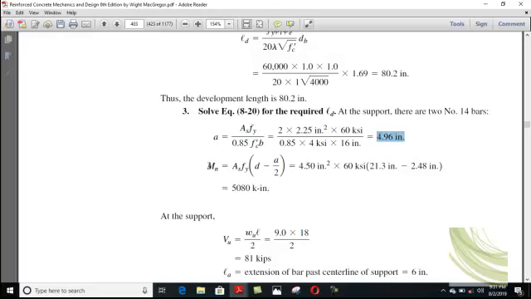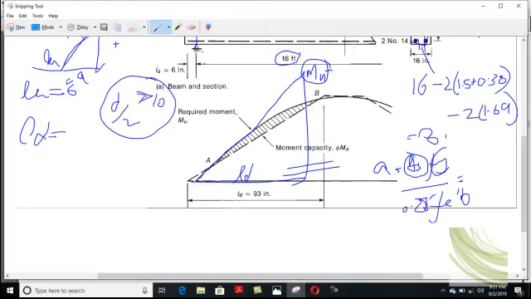Sorry, I already mentioned that M is basically determined on the basic formula A is Fy into D minus A over 2, because this is not the actual moment diagram, it is the moment capacity diagram.